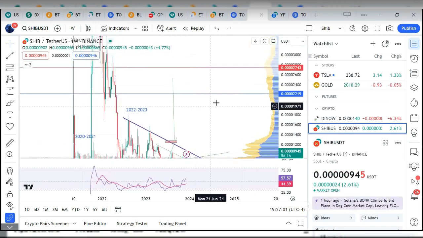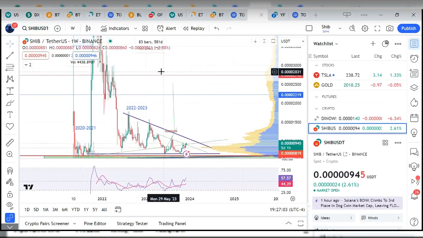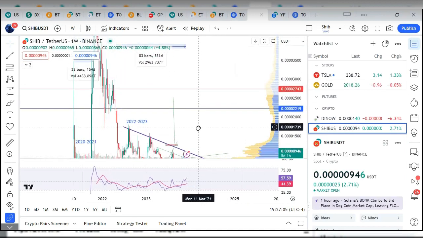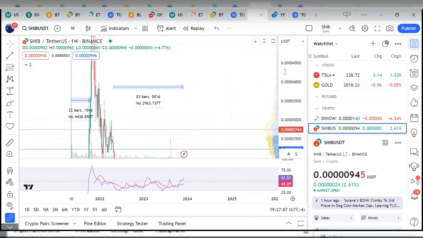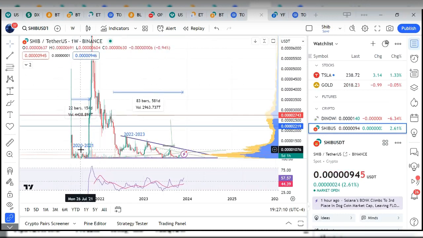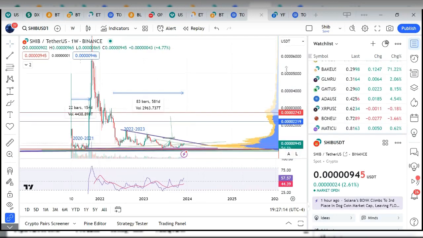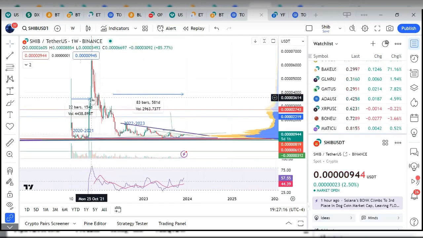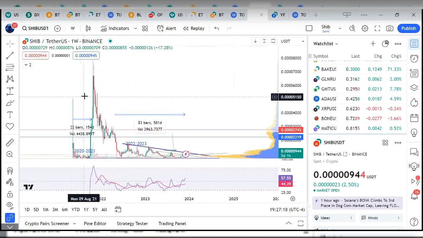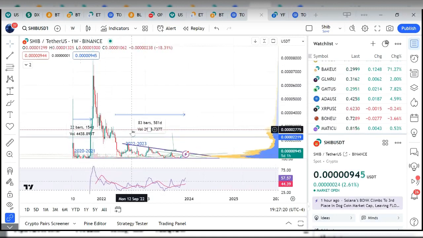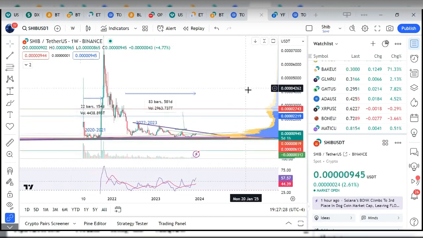And once you reach 2200 and we actually flip this zone to support, it will move back up to the all-time high fast because this is a low volume range. If you notice here how the price just moved up with one candle, the price will fly very fast once we close our candle above this region, which is around the 2200 range. And that is what I expect.